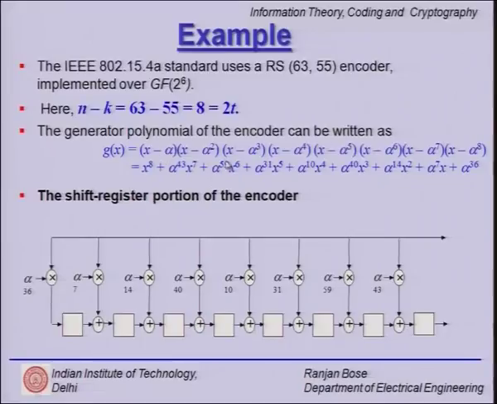So, we multiply it out very easily, x minus alpha, x minus alpha squared, so on and so forth, up to x minus alpha raised to 2t. 2t happens to be 8. So, we have these 8 linear factors, multiply them out, and immediately you have the g of x, and the corresponding shift register portion of the hardware encoder is given here. These are the coefficients of your g of x. So, this is a simple example of how we can include in our RS encoder this notion of the generator polynomial.